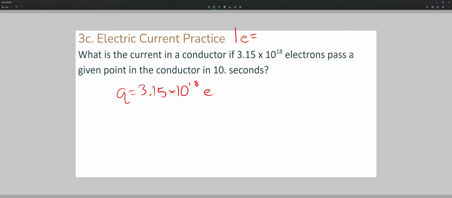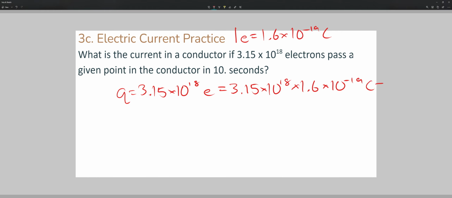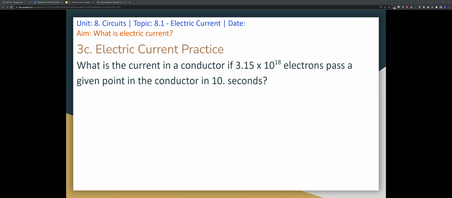We know that one elementary charge is 1.6 times 10 to the negative 19 coulombs. So we multiply 3.15 times 10 to the 18 by that, because we want to know my total charge.